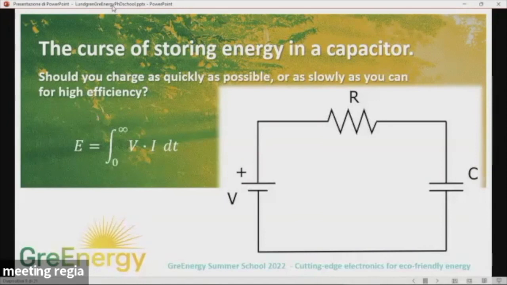Slowly. Why slowly? It's an interesting suggestion. Do we have more suggestions? There might be material issues that we need to care about for how the capacitor reacts in our case.